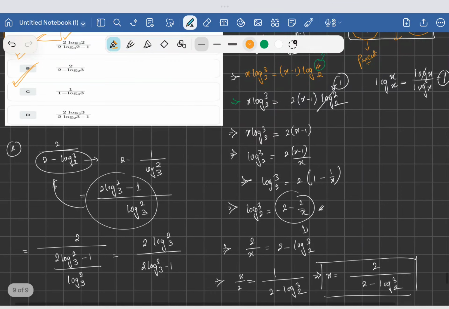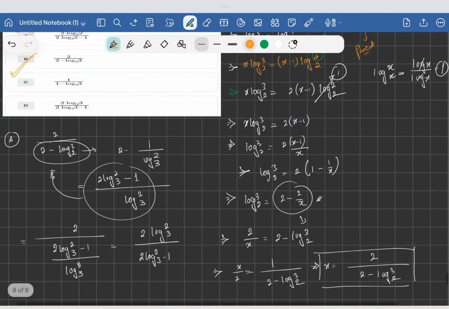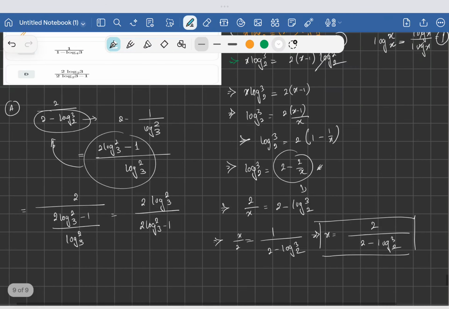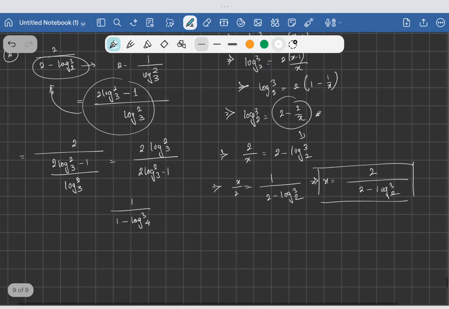And now let's check option C. Option C is 1 by 1 minus log 3 base 4. Now this 4 can be written as 2 squared, so it becomes 1 minus 1 by 2 log 3 base 2.